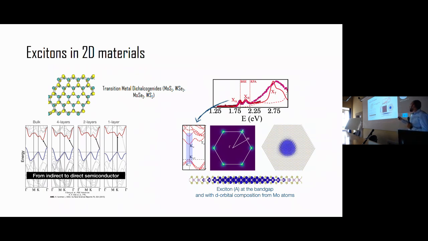And here is a little summary of the exciton properties of single-layer MoS2, where this is the gap that you calculate with the GW, and this is the binding energy that you calculate. So this is the exciton peak that you calculate with Bethe-Salpeter, and this energy difference is the binding energy, no? So these excitons, the A and the B exciton, so-called in MoS2 and other TMDs, come from the gap that you have at the point K. And as you see, they are very localized in k-space in the Brillouin zone.